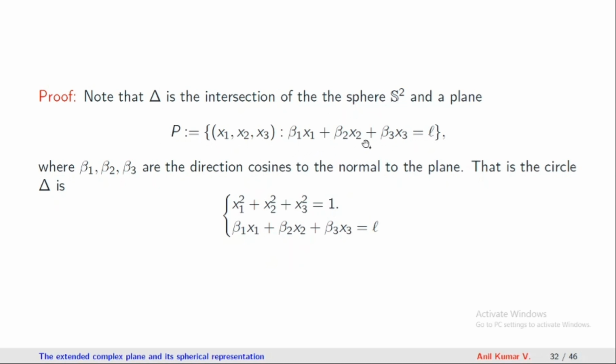Here beta 1 x1 plus beta 2 x2 plus beta 3 x3 is equal to L represents a plane, and beta 1, beta 2, beta 3 are the direction cosines of the normal to the plane. That is, the first equation represents a sphere and the second equation represents a plane. These two equations together represent the circle delta in S2.